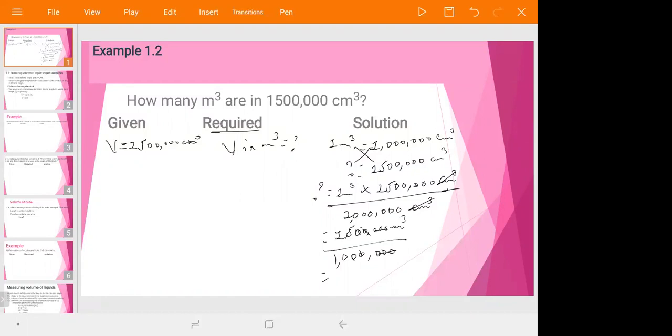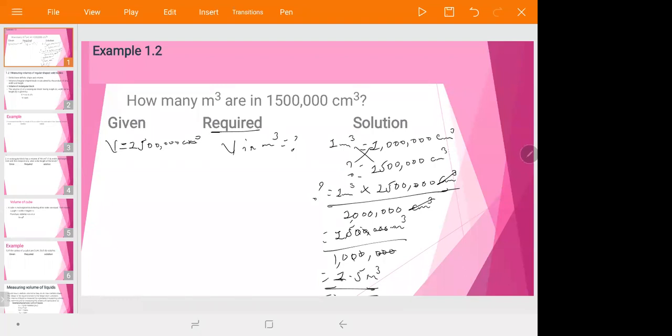When you divide 15 by 10, what will you get? 1.5 meter cube. Therefore, 1,500,000 centimeter cube is equal to 1.5 meter cube.